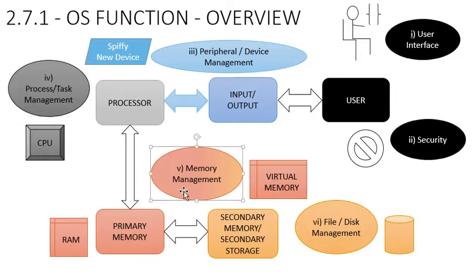In addition to that, the operating system is responsible for managing the computer's RAM, its memory, which involves managing what data and programs are stored in RAM, but also through use of a virtual memory manager, deciding how and when to swap things from primary memory to secondary memory, thus making use of virtual memory.